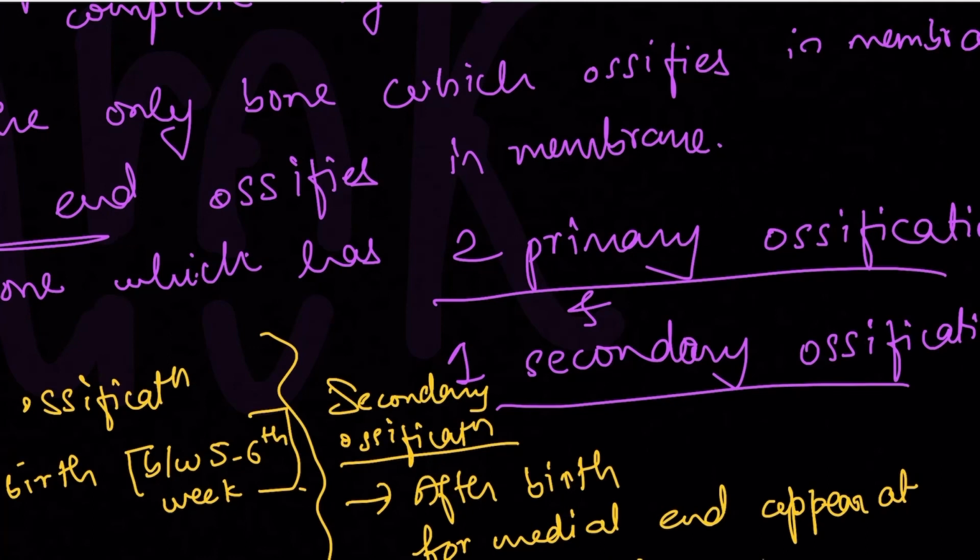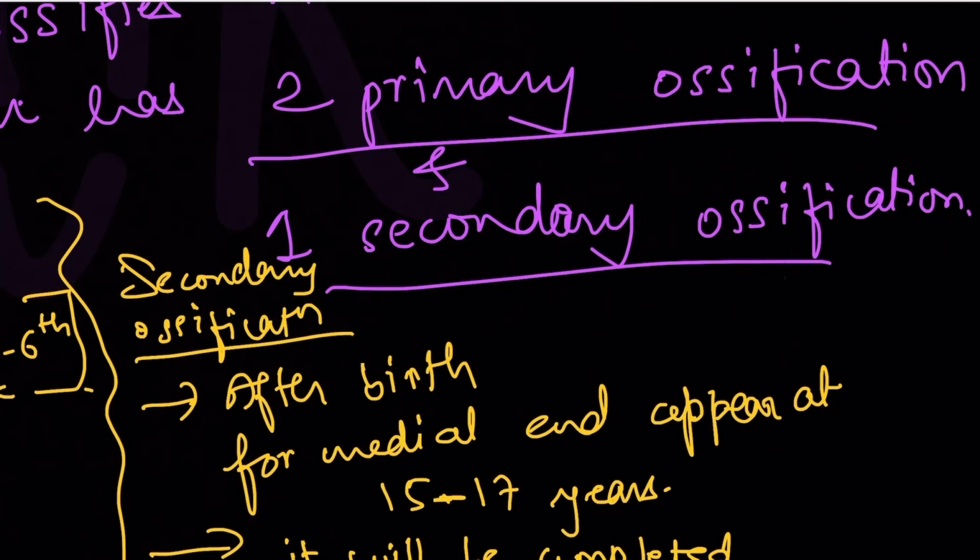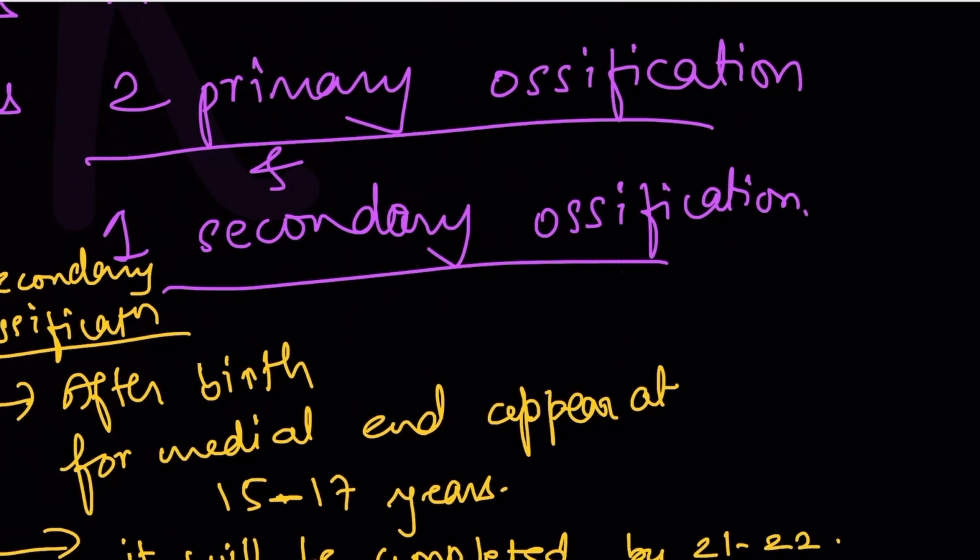So when you're 15 to 17 years, your clavicle will get the secondary ossification center where it will start ossifying the medial end, the place where clavicle was attaching to your sternum. Okay, and it will be completed. Most of you are now 21 or 22 years, I guess. So now this ossification part is complete. Like this, you can remember. It will be completed by 21 to 22 years.